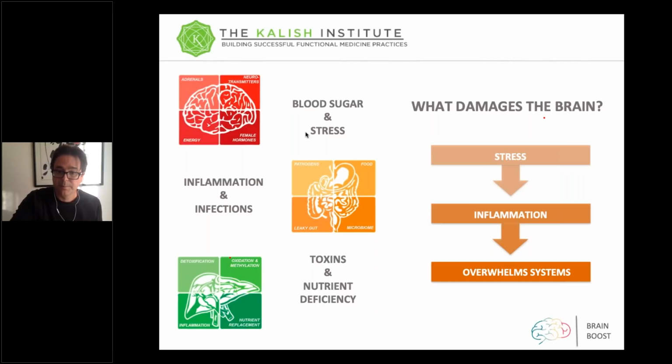Because as we see here, there will be stress, and that will lead to inflammation, which will eventually overwhelm these body systems. Now, the last thing I want to say on this slide, and I know I'm talking a little fast, I'm just trying to get all of this information to you guys. But when we talk about stress, we're not just talking about emotional stress.